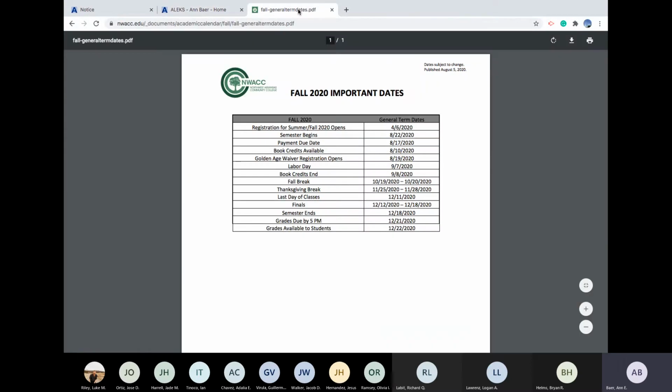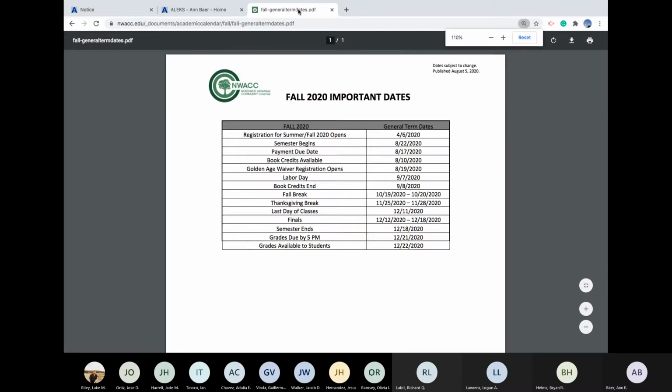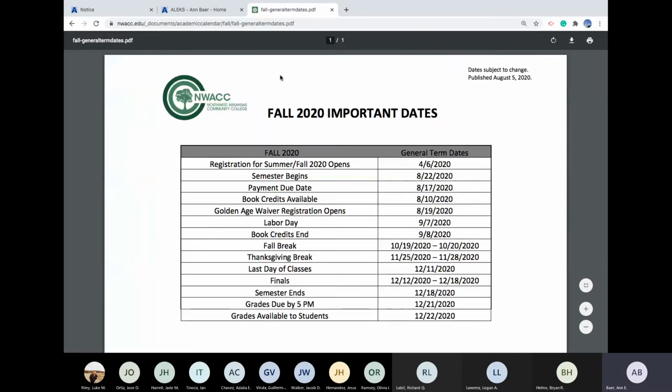I see another document up here that I want to look at. This is a really important document. I got to it by putting in my search field NWAC followed by academic calendar.